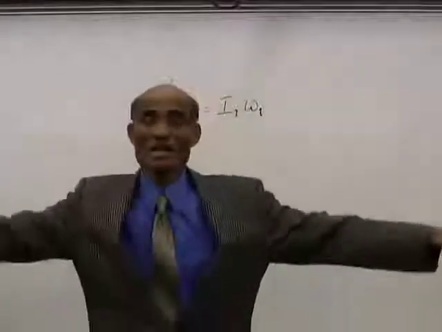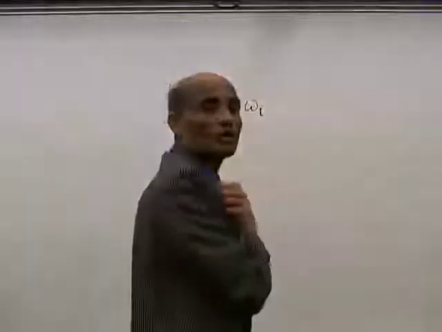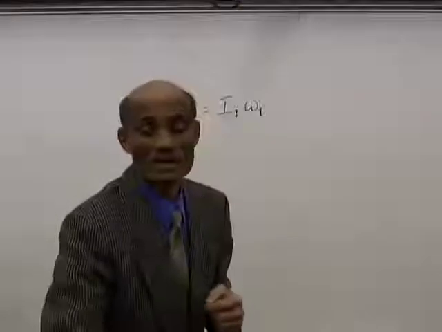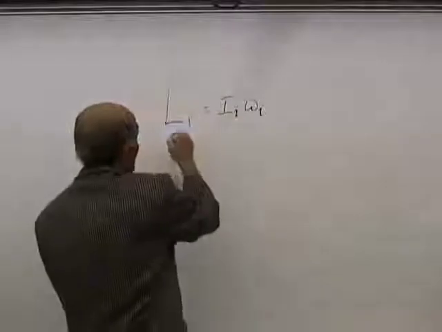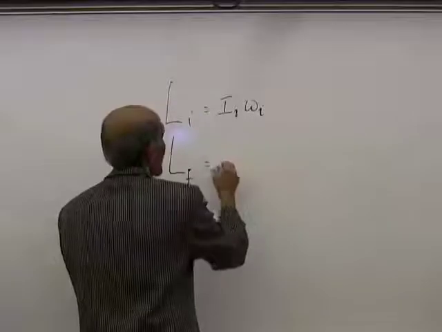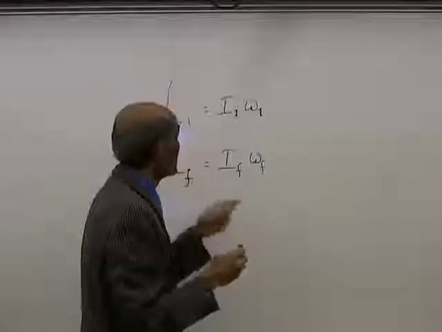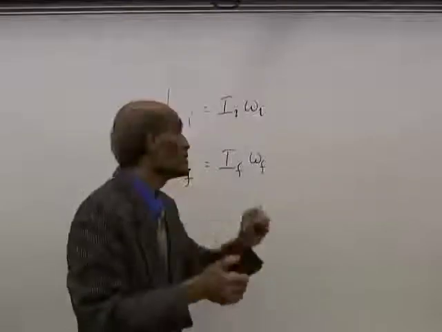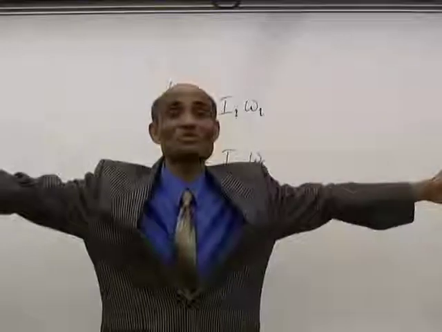Now, as I keep doing this, what happens if I bring my arms close to my body? I'm reducing my moment of inertia. So when my arms are closer, my angular momentum at that time, LF, will be IF omega F. The moment of inertia when my arms are close to my body will be smaller than the moment of inertia when my arms were outstretched.